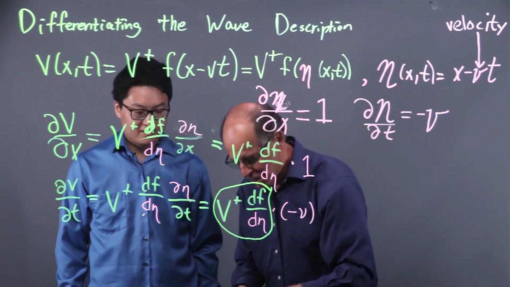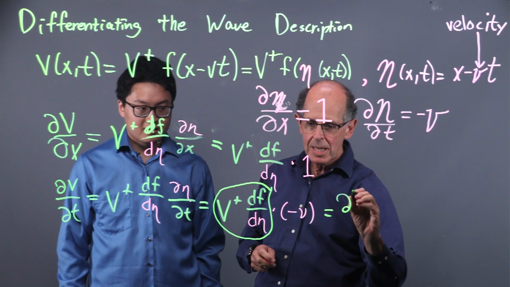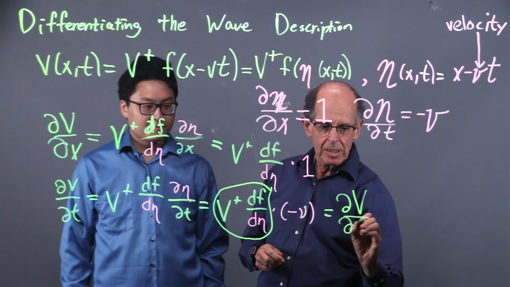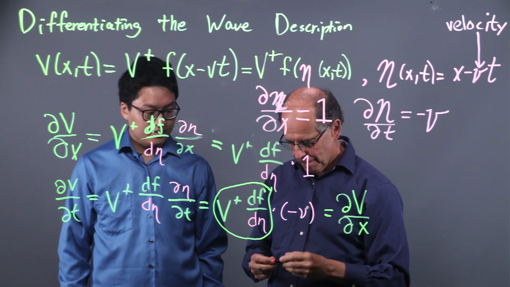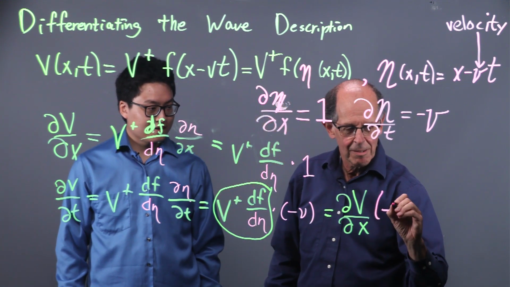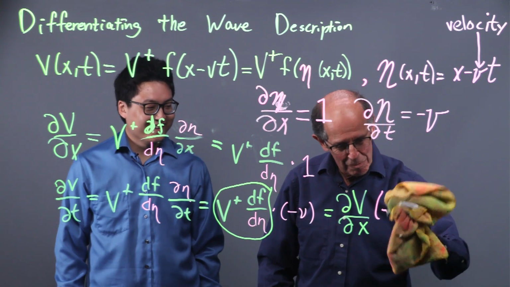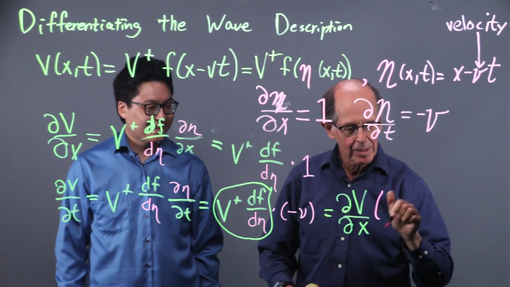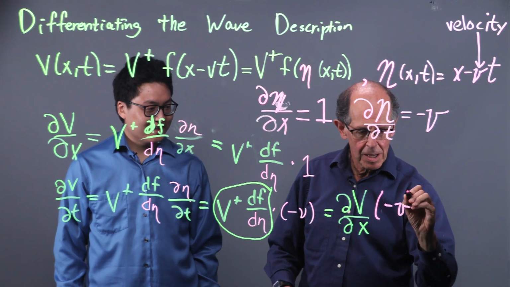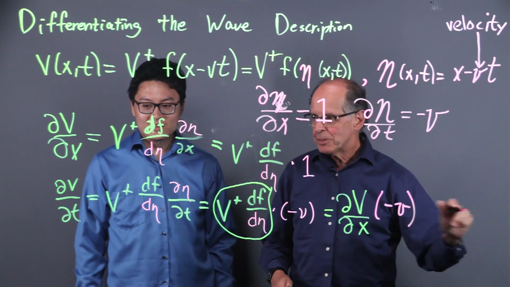And this is equal to dv dx times minus v, the velocity.